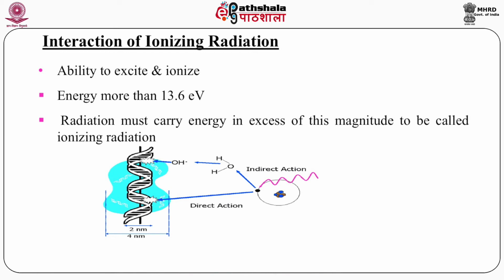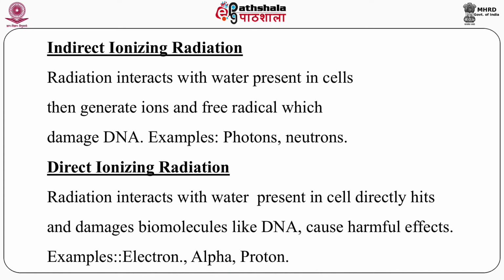Ionization is the case where an electron is removed from its position in the atom and a pair of positive and negative ions is formed. That is ionization.